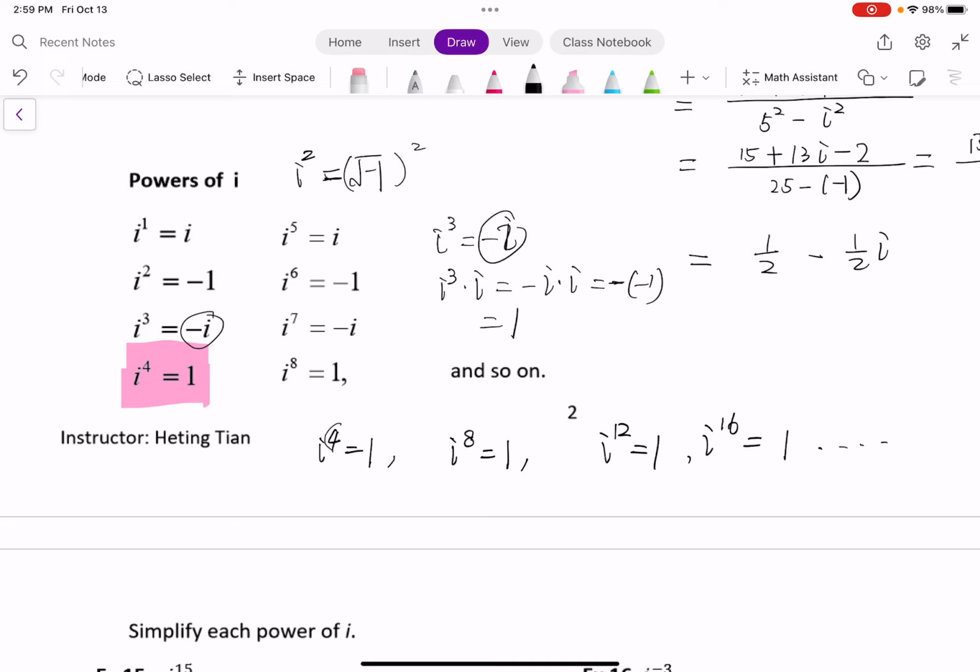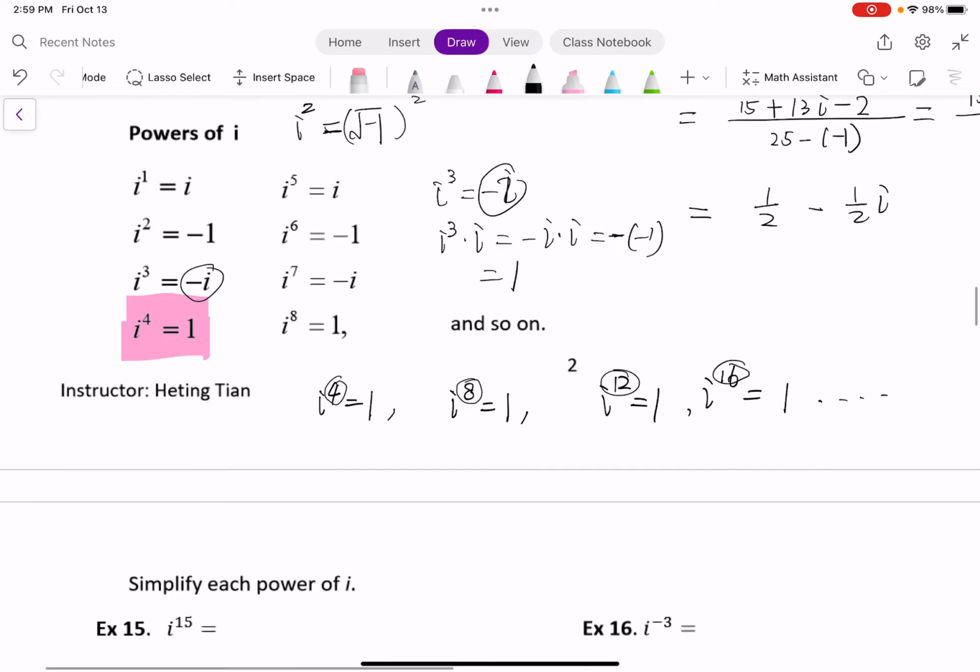So you see, if the power of the i is a multiple of 4, the solutions are all 1, because i to the 8th is i to the 4th, then square it. So we already know in the parentheses it is 1. 1 squared, it is 1.